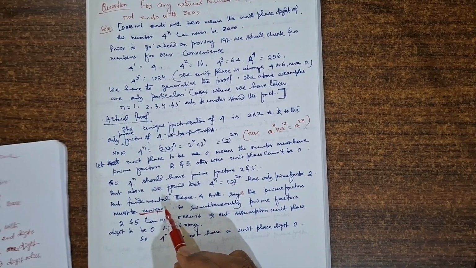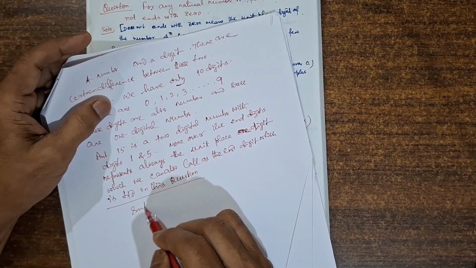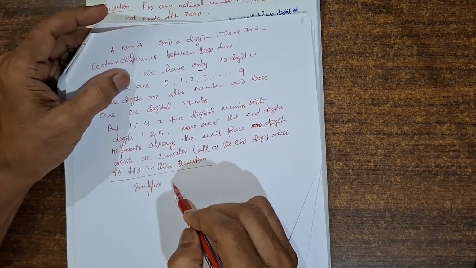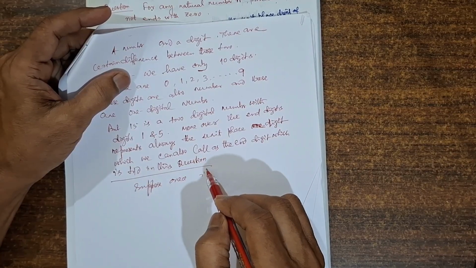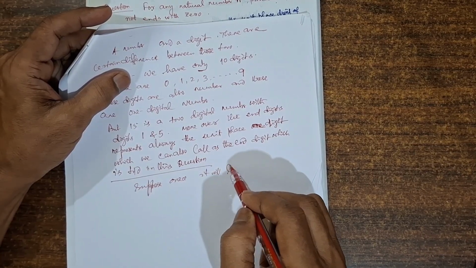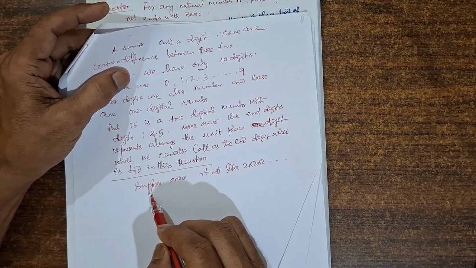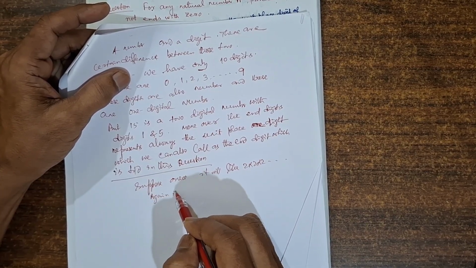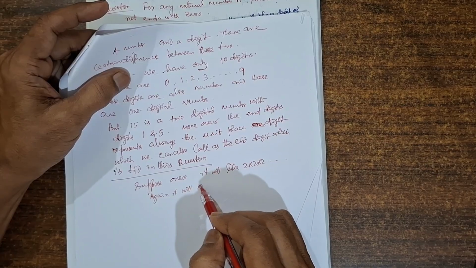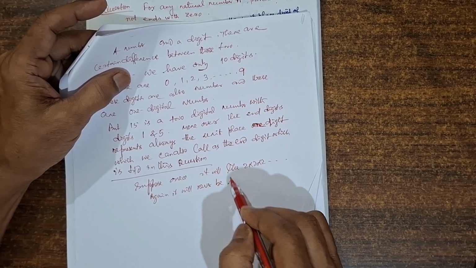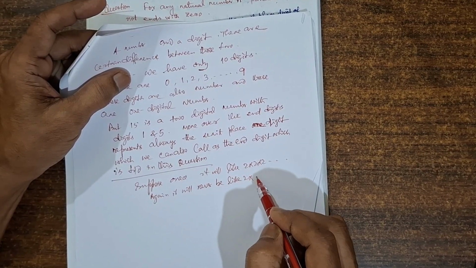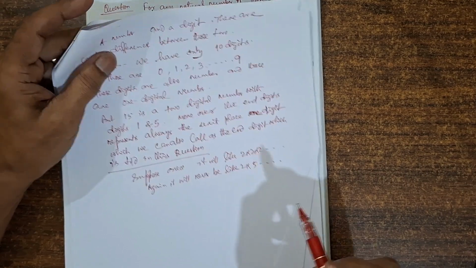It will be like 2 into 2 into 2, and again it will never be like 2 into 5, all these things.